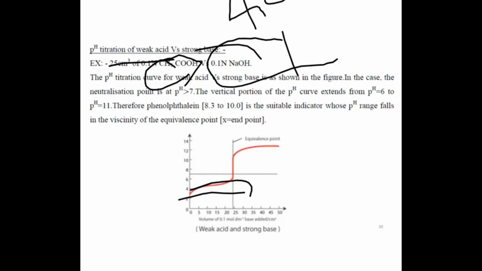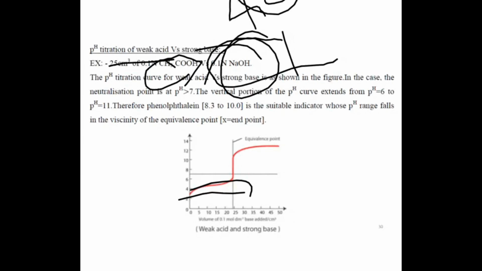To go from pH 4 to 7, it doesn't consume more base or more sodium hydroxide. The point of neutralization is 7. How much volume of base do you need to add to neutralize? Very little. The sodium hydroxide you add will be a very small quantity.